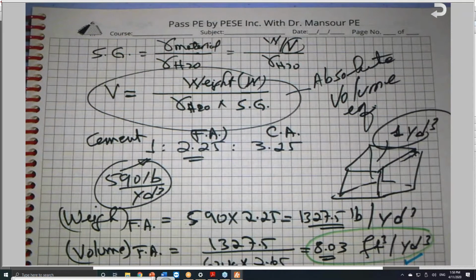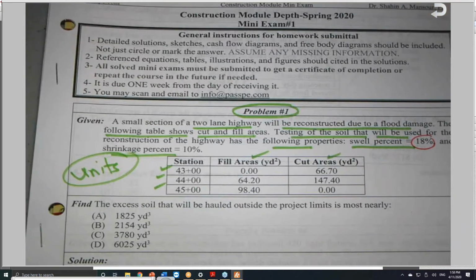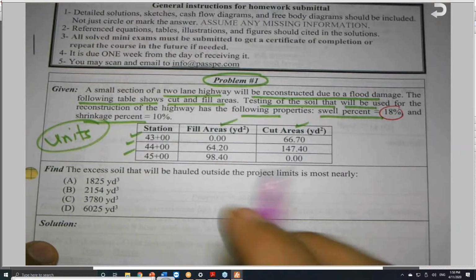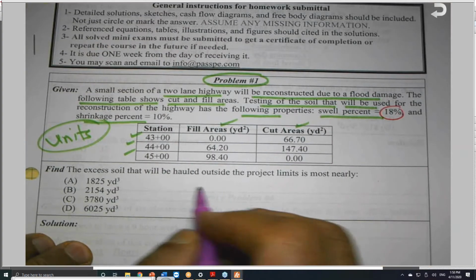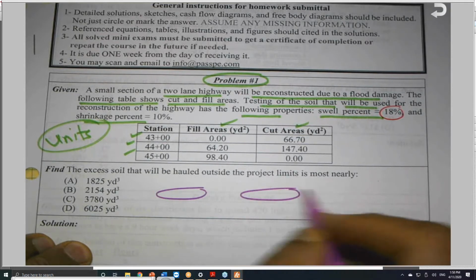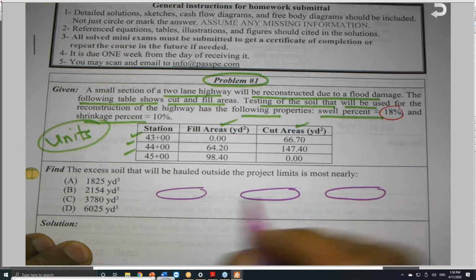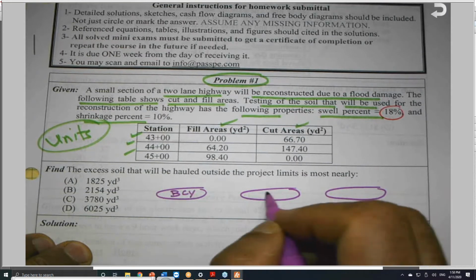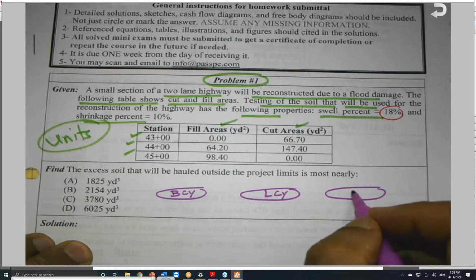Okay. All this was triggered by the first problem, which I didn't solve yet. Here. As I told you, we do have the 3 volumes: the bank cubic yard, loose cubic yard, compacted cubic yard.